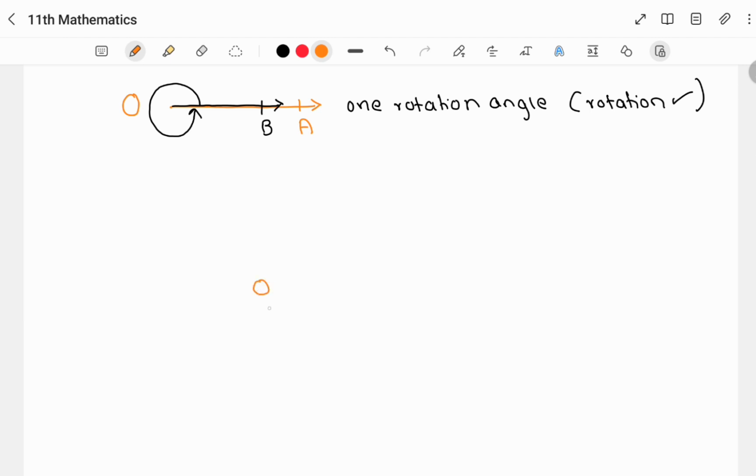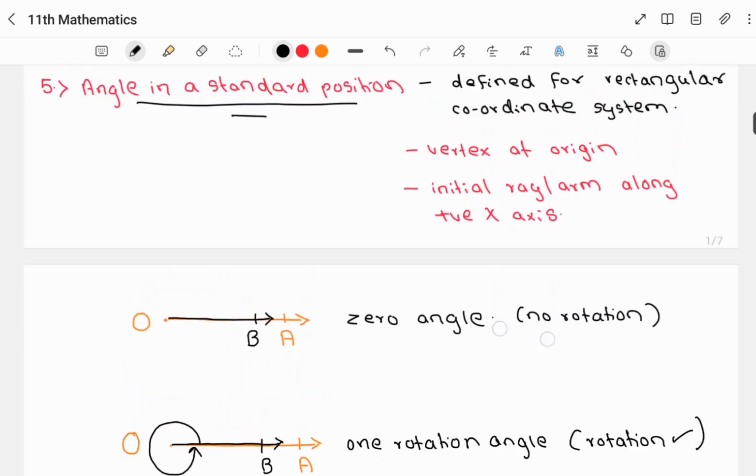If this is the common vertex O, and if this is the initial arm in the right hand side direction, the terminal arm or the final arm will be in the opposite direction. So this is called a straight angle. This is an anti-clockwise sense of rotation from OA to OB.